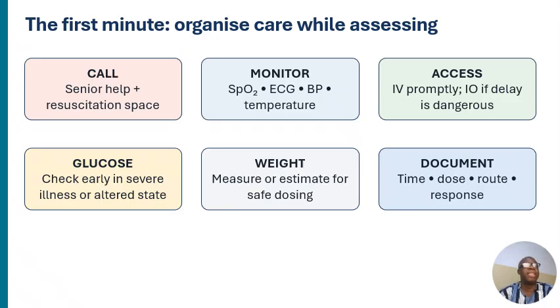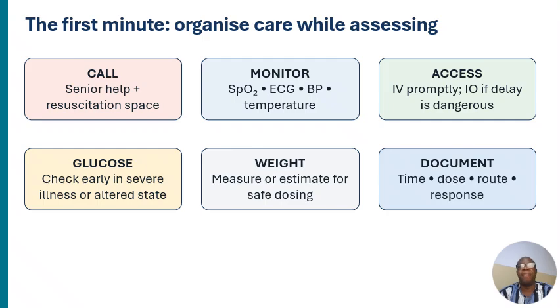Now, emergency management, I must tell you, is teamwork. As you assess, organize the environment, call for senior help, and move the child to an appropriate resuscitation space. Ask someone to attach pulse oximetry, and where indicated, ECG and blood pressure monitoring may be required.